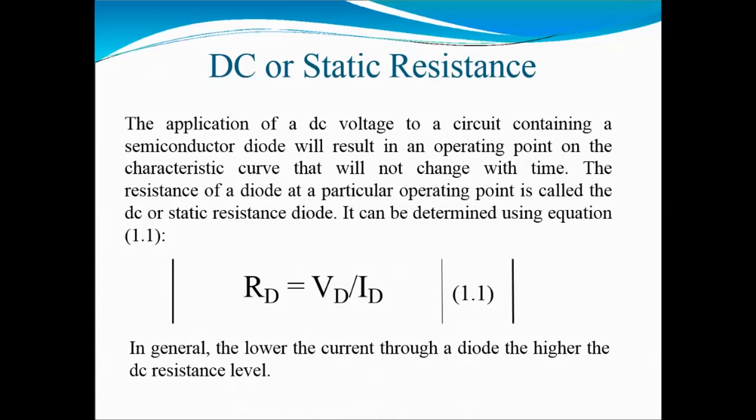It can be determined using equation 1.1: RD equals VD by ID. So if the time changes, the current or voltage does not change at all. It is a constant. In general, the lower the current through a diode, the higher the DC resistance level.